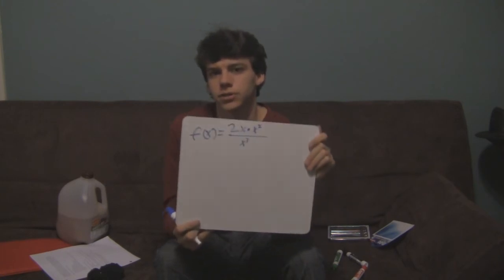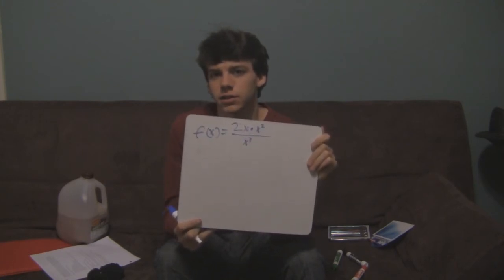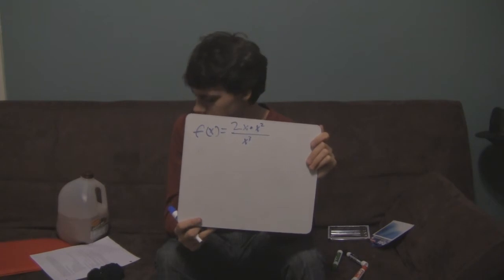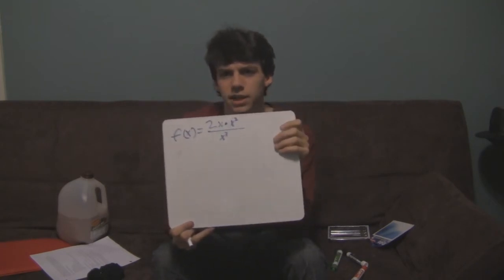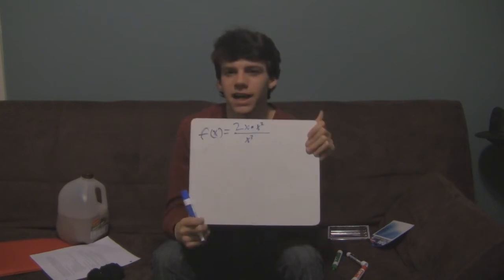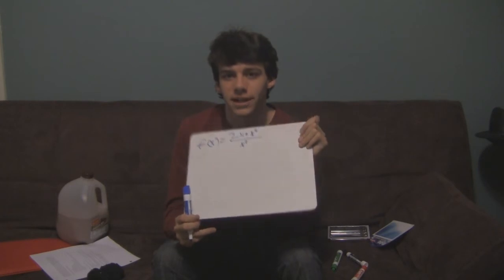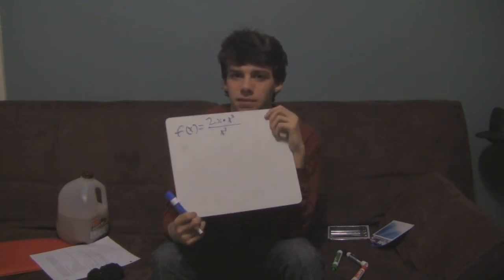So you know it's the quotient rule, which is low D high minus high D low, square the bottom, and away you go. So you still do all the same things in there.